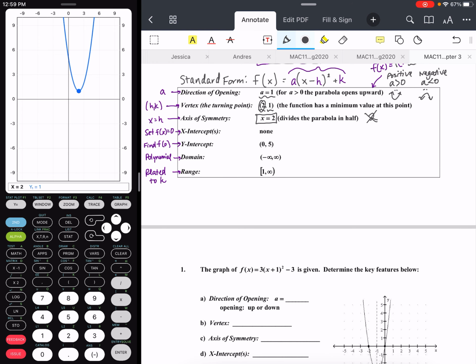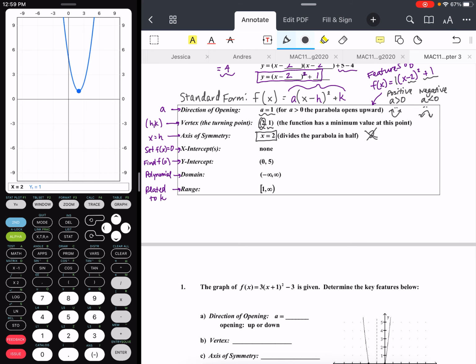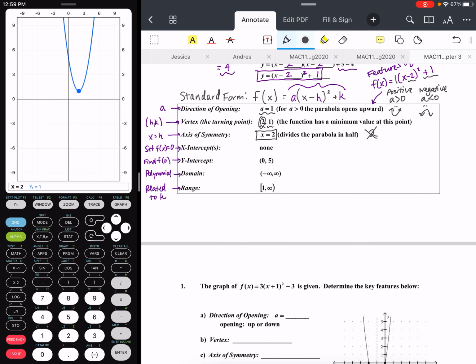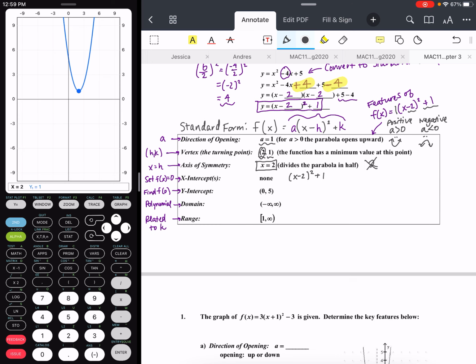All right, next up, our x-intercept. Visually, we can see that our entire parabola floats above the x-axis, so there's no x-intercept. If we wanted to establish this algebraically, we could set our function f of x equal to 0. So in our case, and I'll just show my work over here, we would set x minus 2 squared plus 1 equal to 0 and attempt to solve for x.